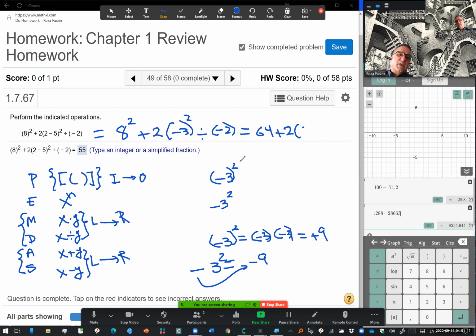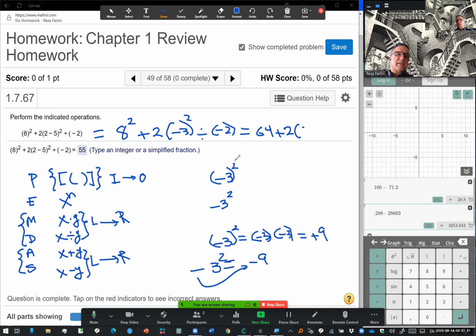The correct way of reading this one is actually quantity -3 squared. When you say quantity, that means open parentheses. As soon as you hear the word quantity, you're going to place whatever I'm going to follow with the word quantity inside the parentheses, right? So that's going to be quantity -3 squared, right?